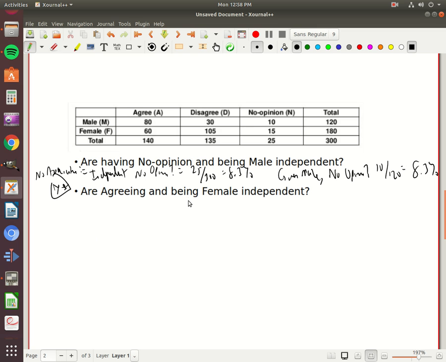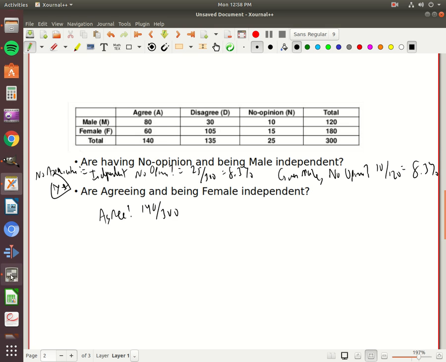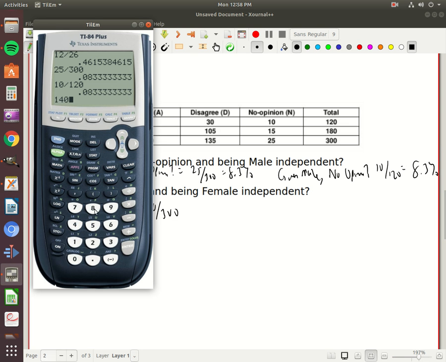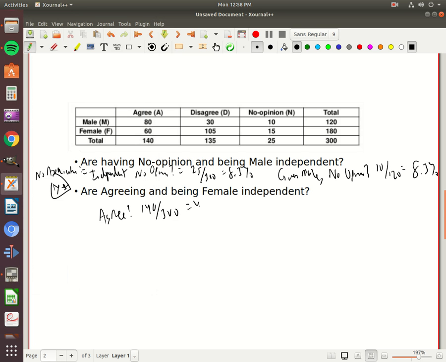All right, are agreeing and being female independent? So let's see. Hey everybody, do you agree? 140 out of 300 agree. So that's 46.6%. And now we're going to say, okay, given that you're a female, do you agree?